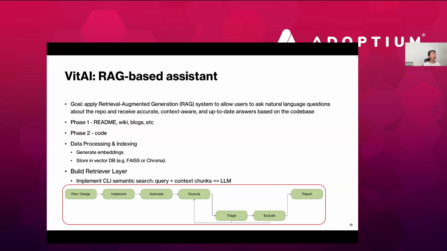We will process these and store them as embeddings in a vector database. When doing a query, the query will be sent together with the context chunks, found through similarity search, to the LLM to generate answers. Right now, we're in phase 2. This project is still ongoing.